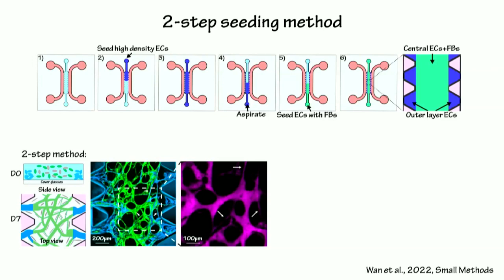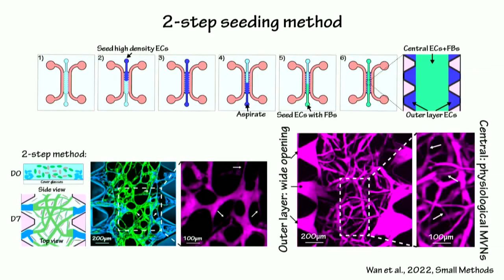I know this is very difficult for people, especially those sitting in the back, to see those tiny ones, so I provide one striking image here to show that this two-step method can form very large diameters at the regions between microposts, connecting to very narrow vessels in the center.